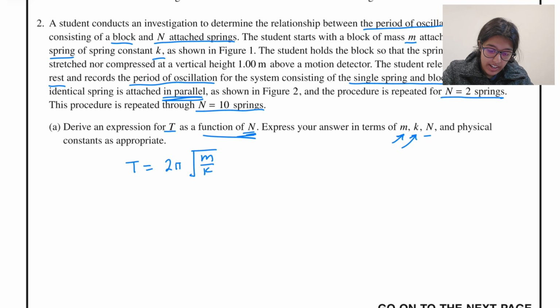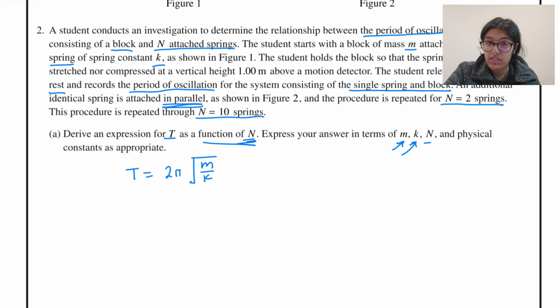So in order to find an n, this is what I'm going to do. I know that n is the number of springs you attach to that mass, right? And that goes from n is equal to 1 all the way to n is equal to 10. So as we increase the number of springs, the spring constant of the system is going to change as well. So I know the equivalent spring constant is going to depend on how many springs I have.